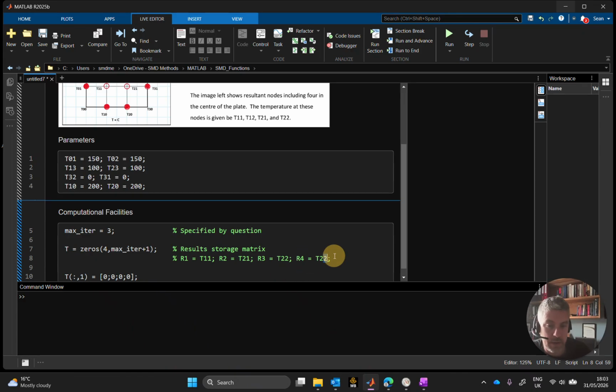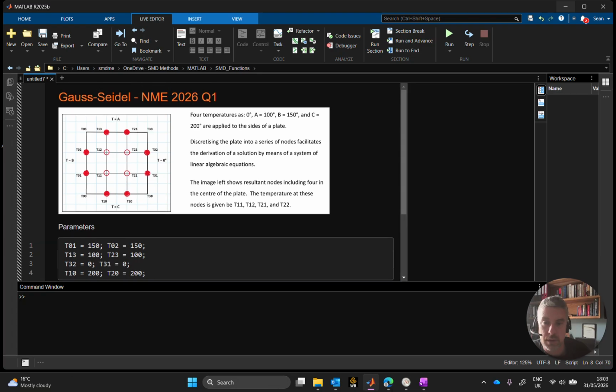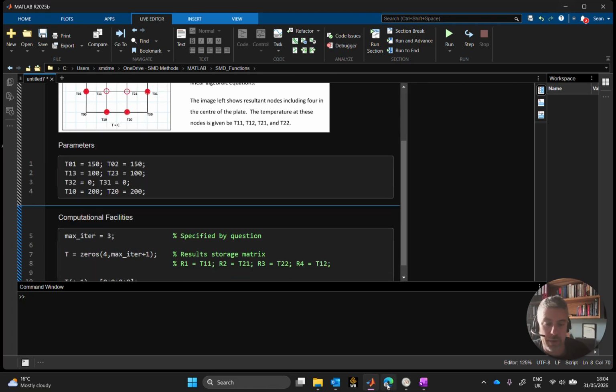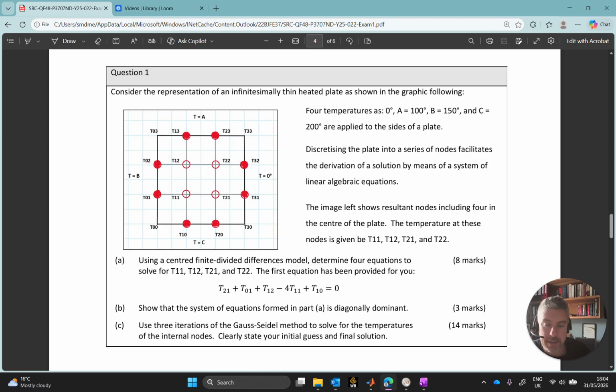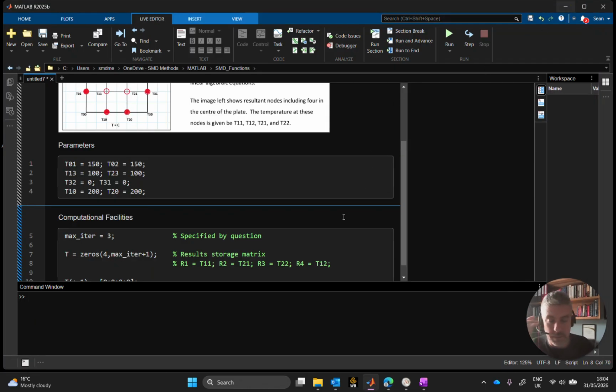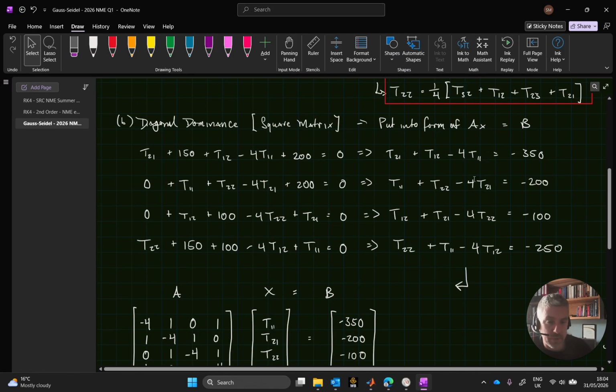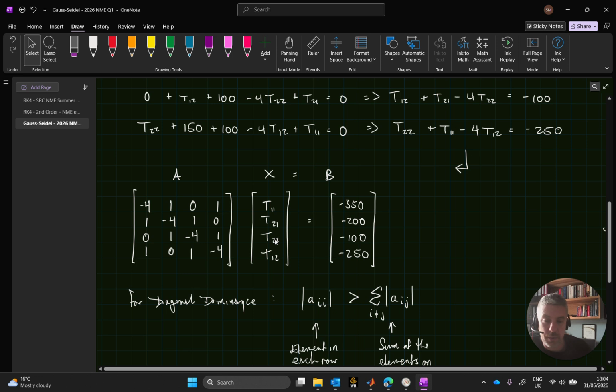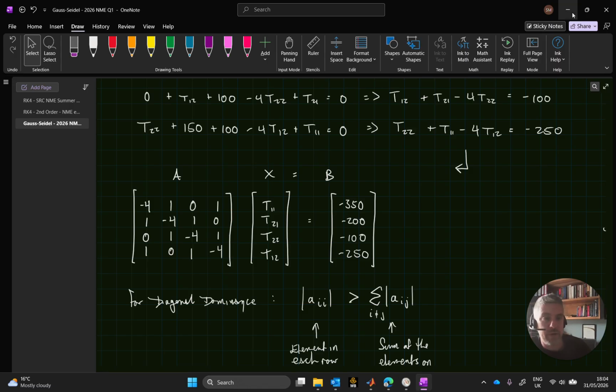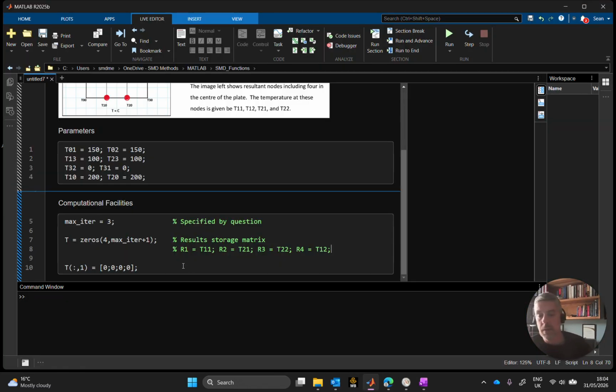The reason I had it the other way around was because I had altered it so that I would solve it and present it as asked here, T11, T12, 21, and 22, which is not the way it lends itself for the diagonally dominant system. So I have it written back here the way that you normally would write it for the diagonally dominant system, which leaves the 4s on the main diagonal. That leaves the higher values on the diagonal, which is what we want.